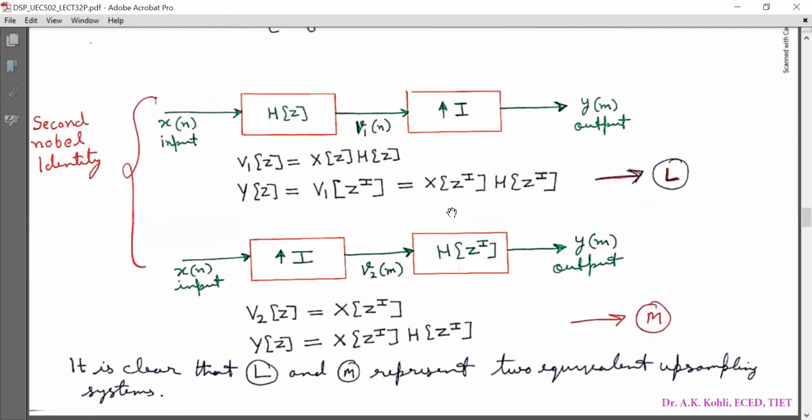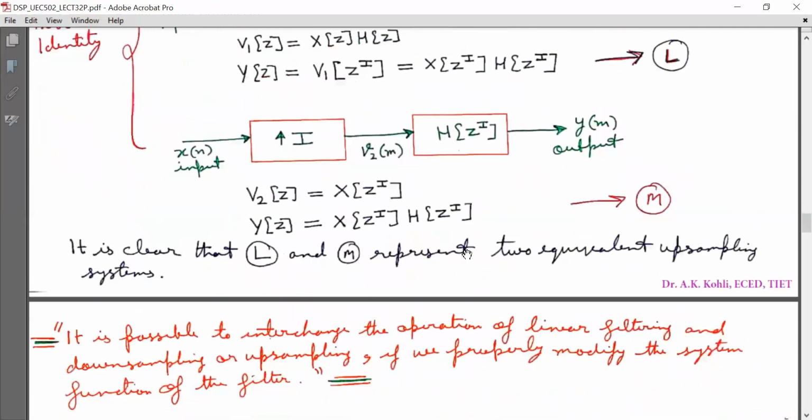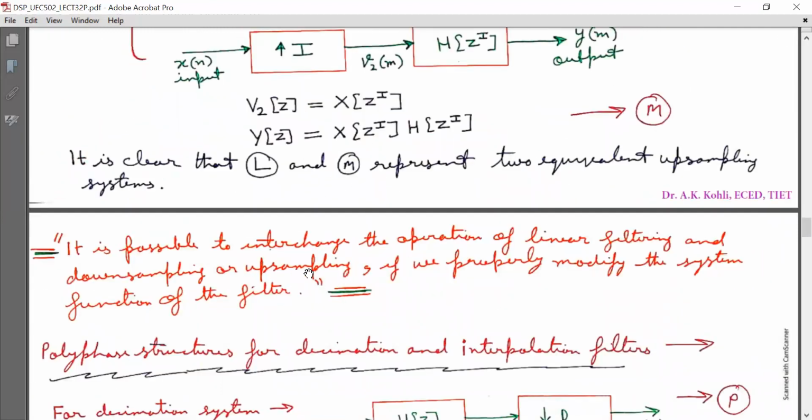So this is the second noble identity which will be used to reduce the computational complexity of the interpolation systems. The first noble identity is related to decimation or downsampling. The second noble identity is related to upsampling or interpolation systems used in multi-rate signal processing. Now it's possible to interchange the operation of linear filtering and downsampling or upsampling if we properly modify the system function of the filter.